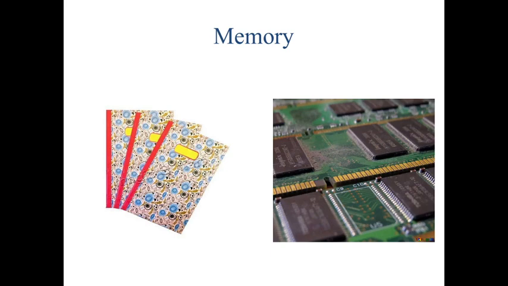So for that memory is needed. It is like the pages of a notebook that we are using. What do we do in a notebook? We store something, we write some information. That information is stored.